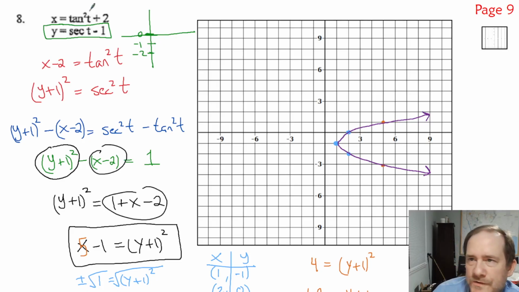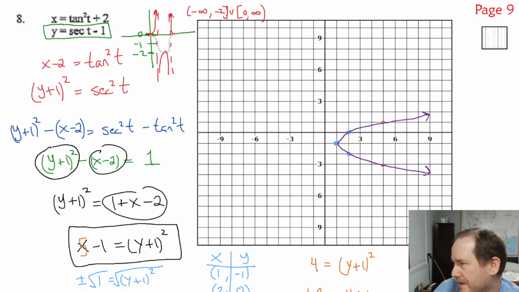My cosine function would start here and go up and down, but the actual secant function would start here and have an asymptote, and then go again, and have an asymptote, and then go again. So hopefully you can tell that my set of outputs is actually negative infinity up to negative 2, including, union 0 to infinity.